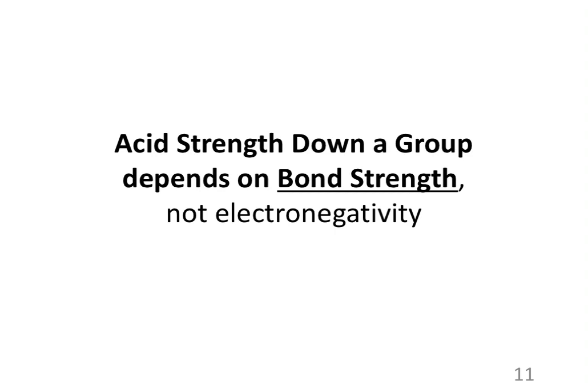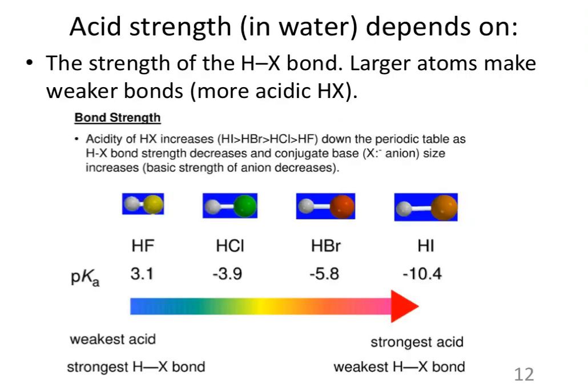All right, let's talk about another periodic trend, and that's the acidity going from top to bottom down a group. It's a little counterintuitive. It has nothing to do with electronegativity, and you'll actually get it wrong if you get mixed up and consider electronegativity. All right, so let's look at all of the hydrogen halides: hydrogen fluoride, chloride, bromide, and iodide.